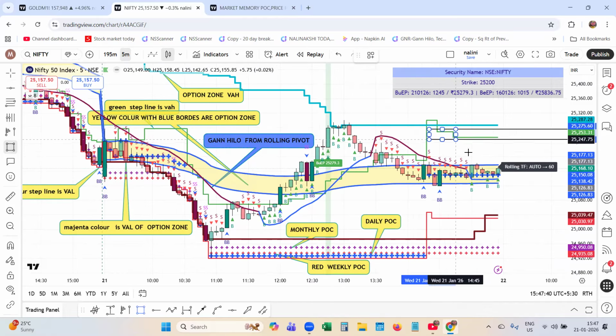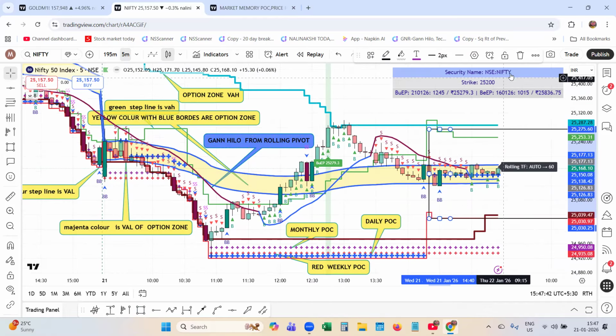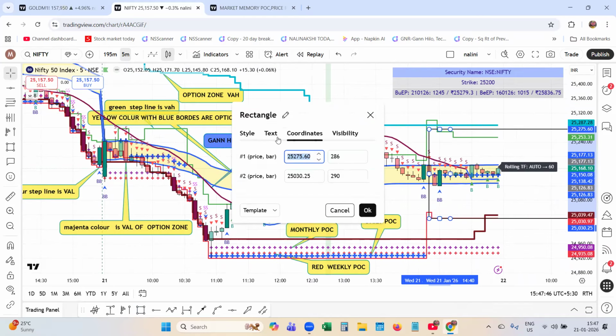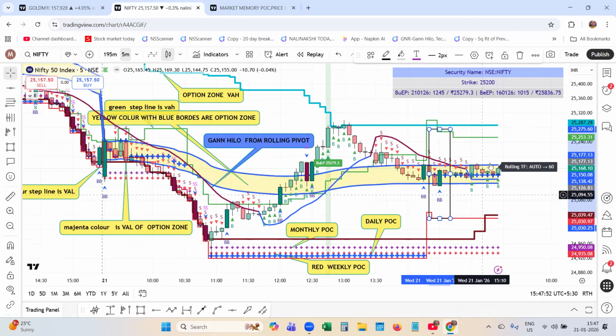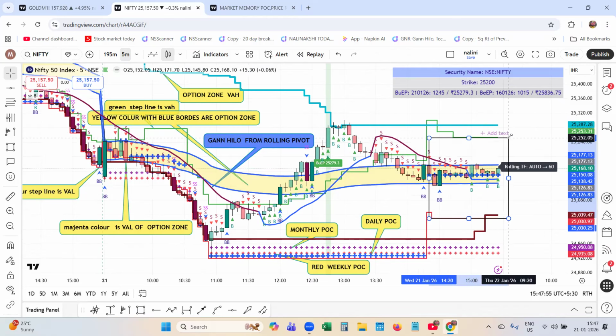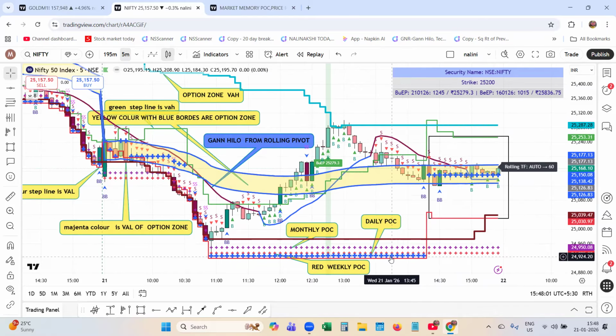This is the block. Let me make it a style, let me not extend it. See, this is the block. This is the area where the value has shifted to the higher area.